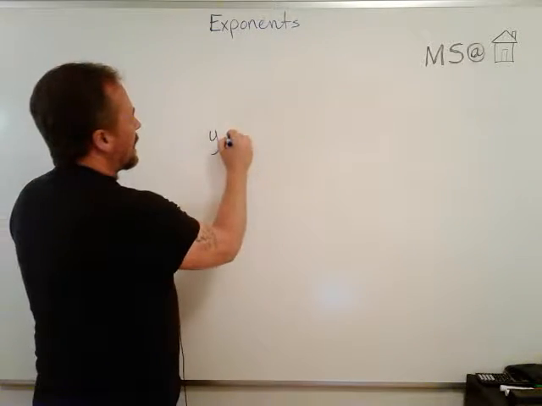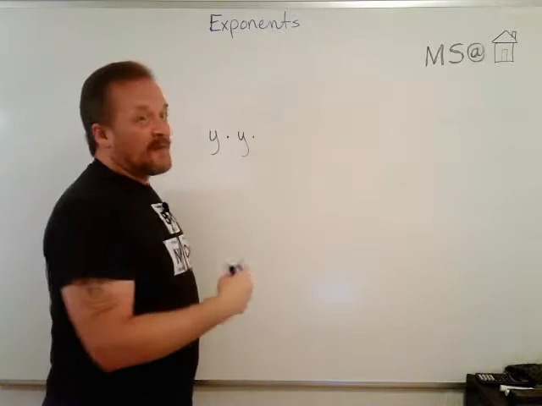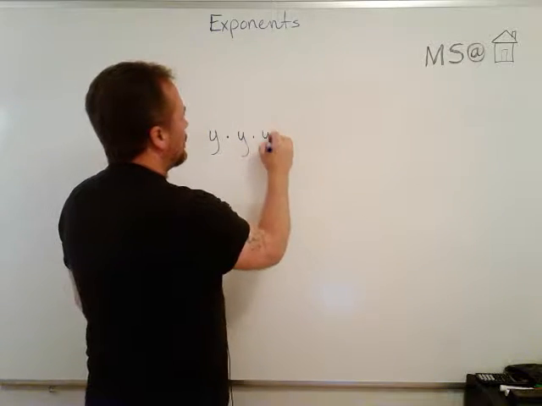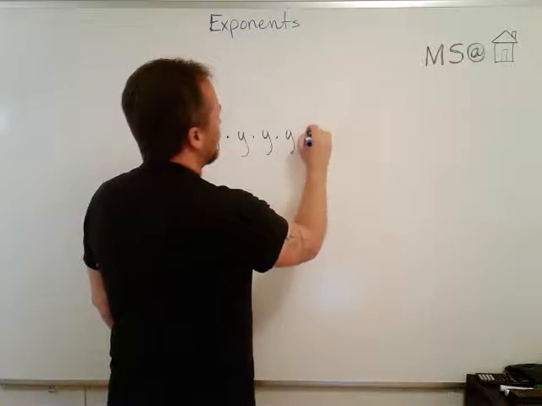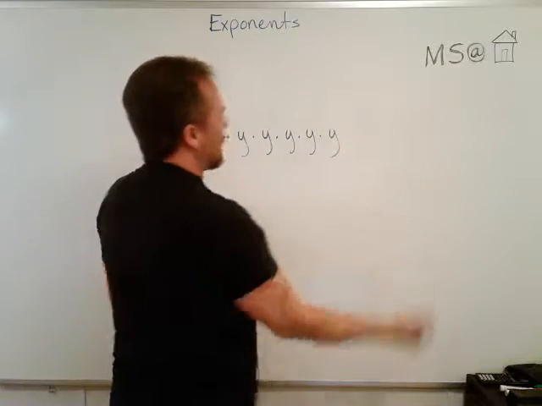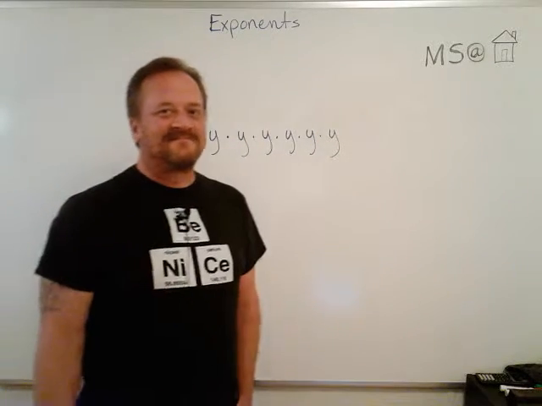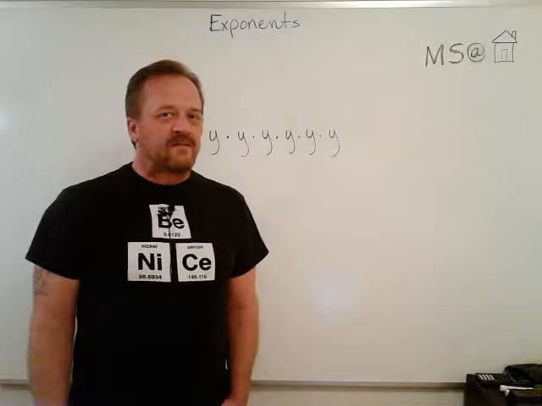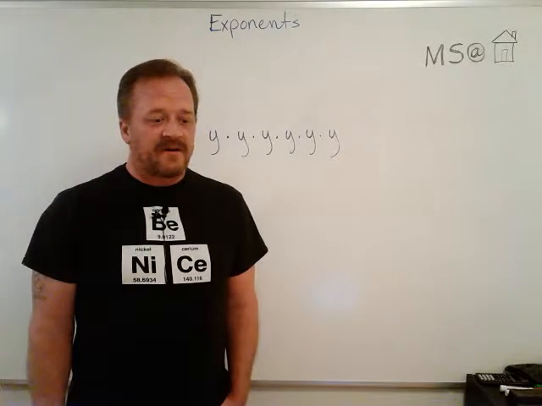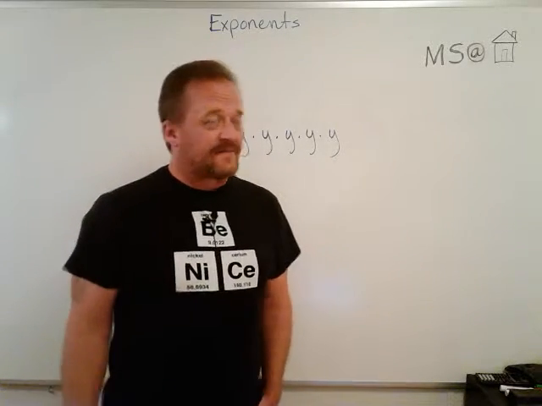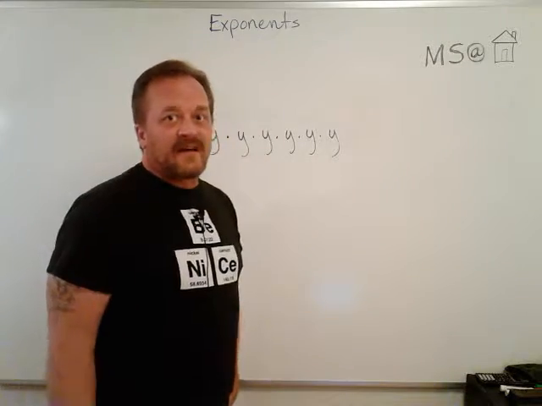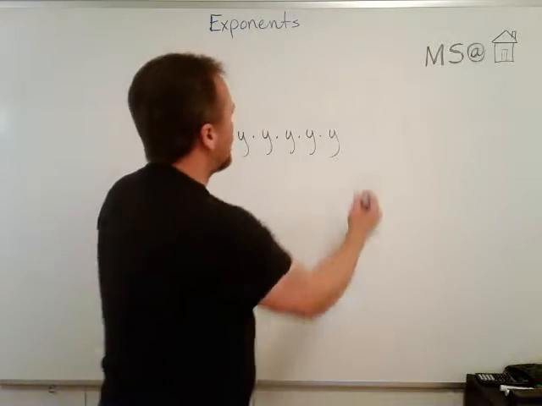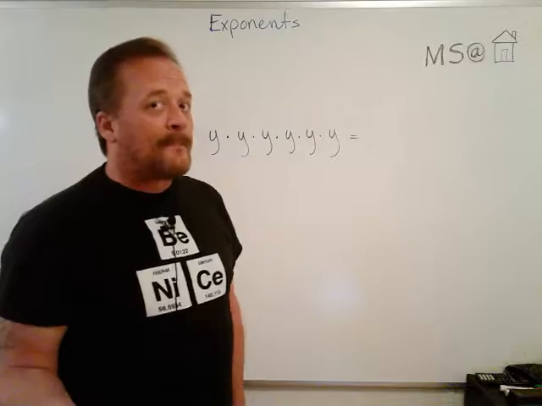What if I had a y that I multiplied by another y, and then another y, up to the point where there are 6 y's? It's hard to come up with a reason why I would need 6 y's multiplied by each other, but it does exist, and we might even get to it in later courses. But the rules are the same.